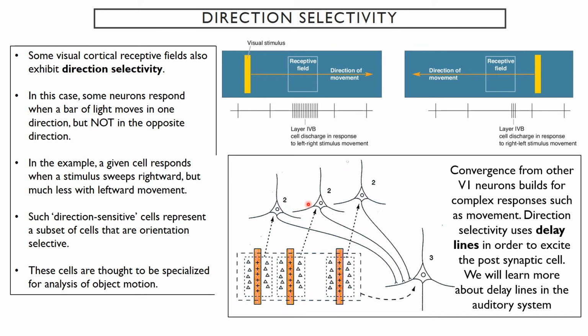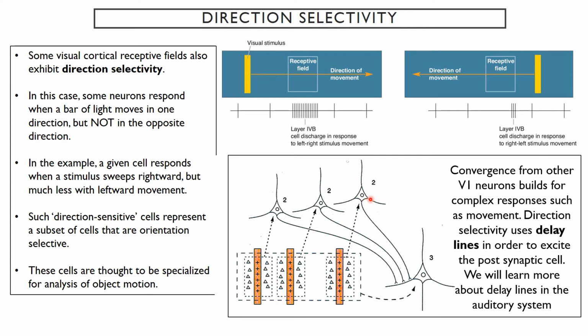This appears to be the result of convergence from other V1 neurons that have a particular orientation selectivity, but then are converging onto other V1 neurons, giving them the ability to integrate the order in which these neurons have been stimulated.